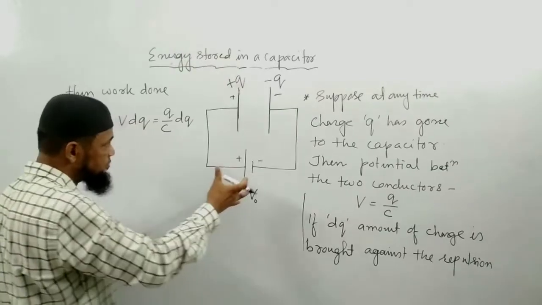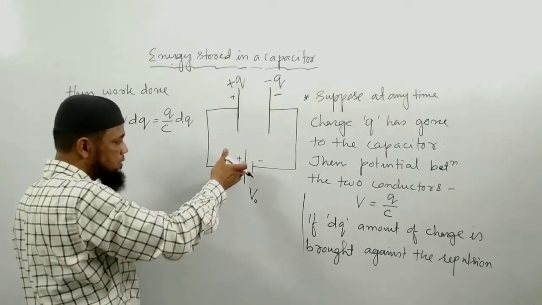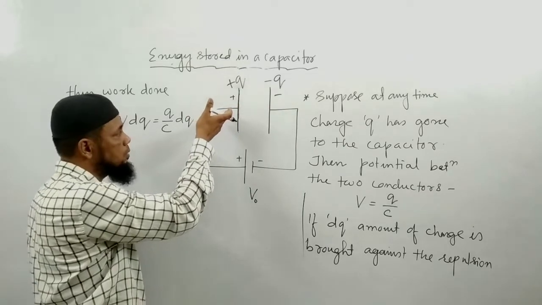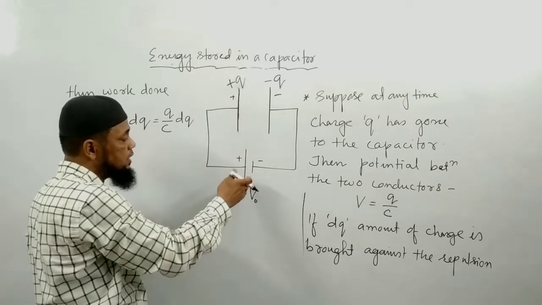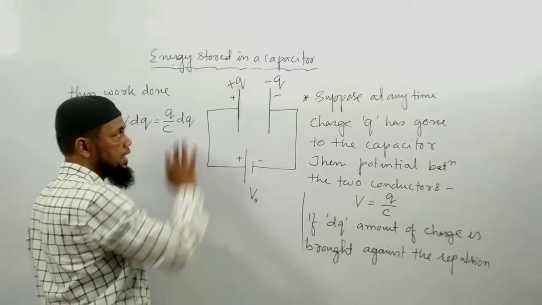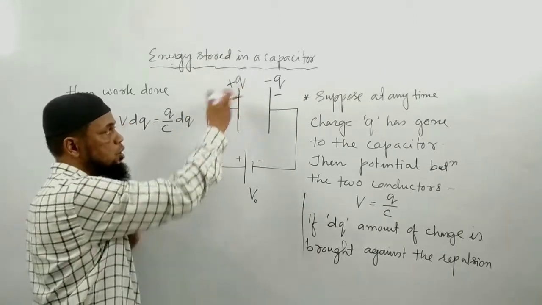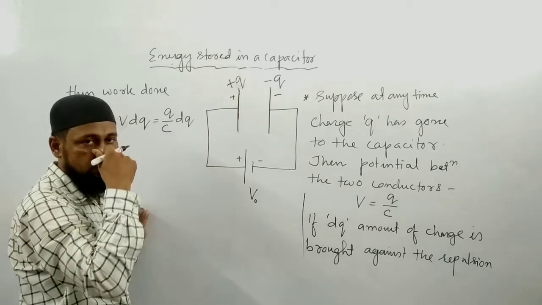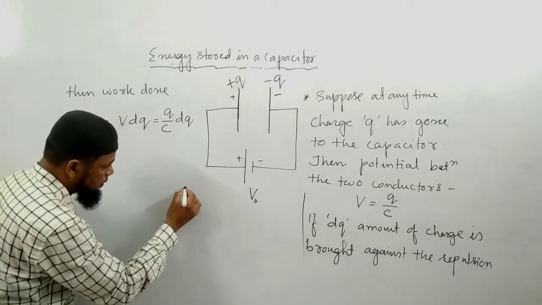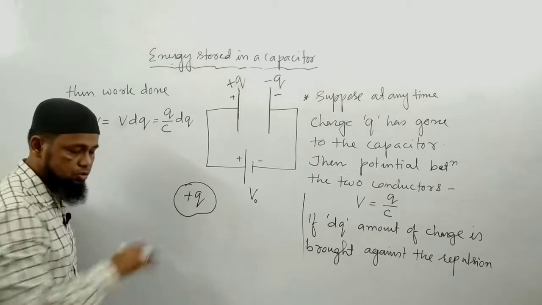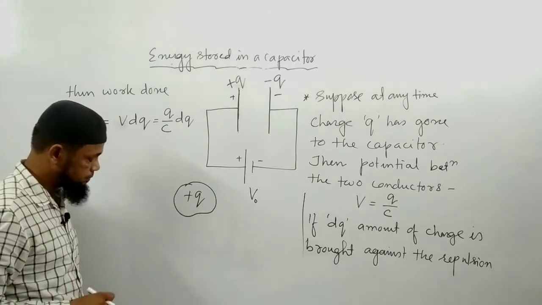The battery will keep on depositing charge plus Q here, so it will have to keep working constantly against the repulsive force of the charges which are already present there. For example, think about a conductor in which a charge of plus Q is already there.